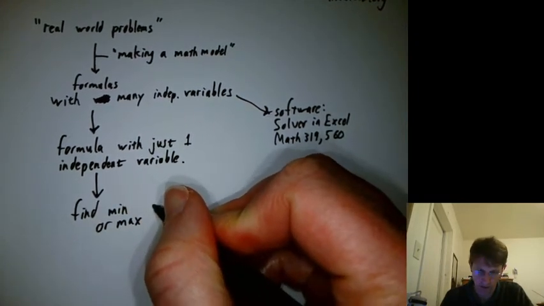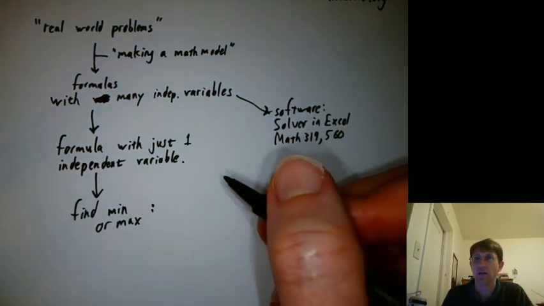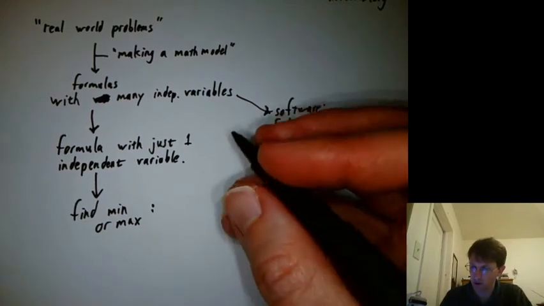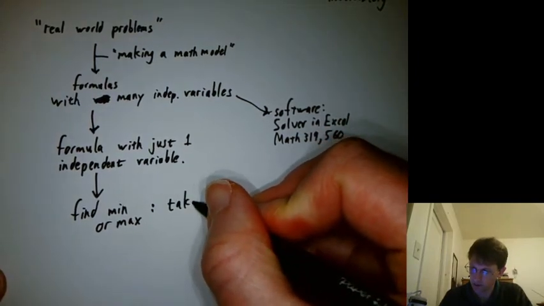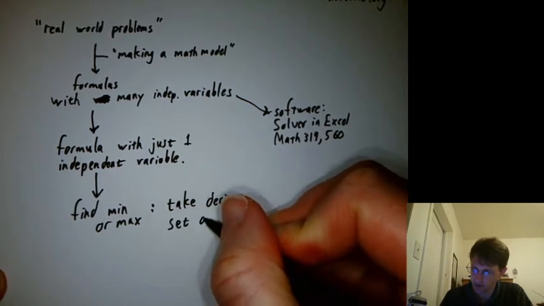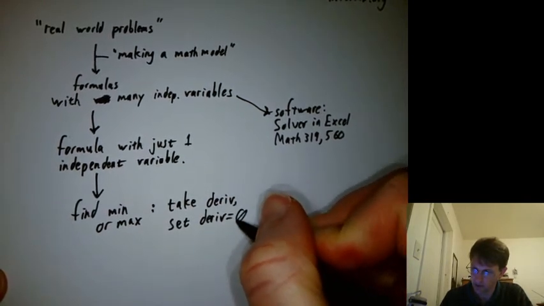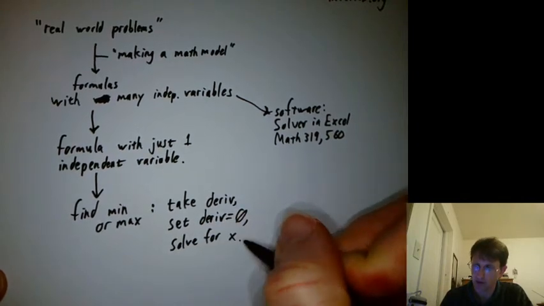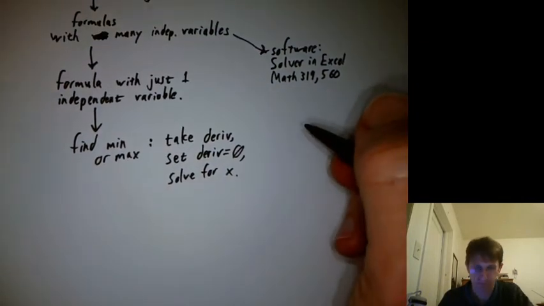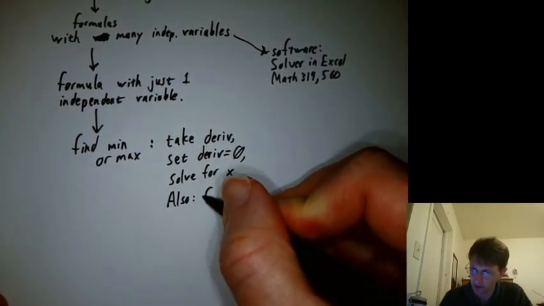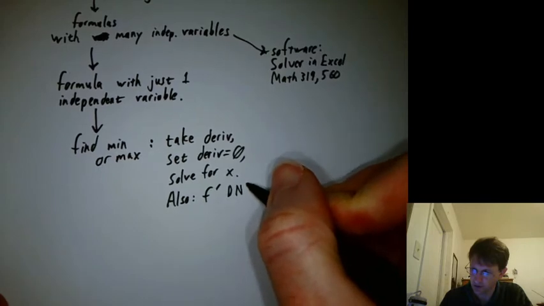And how do we do that? Our catchphrase was take the derivative, set the derivative equal to 0, and solve. But there was more than that. What else was there? Take derivative, set derivative equals 0, solve for x. What else did we have to think about there? We had to also think about where f prime did not exist.